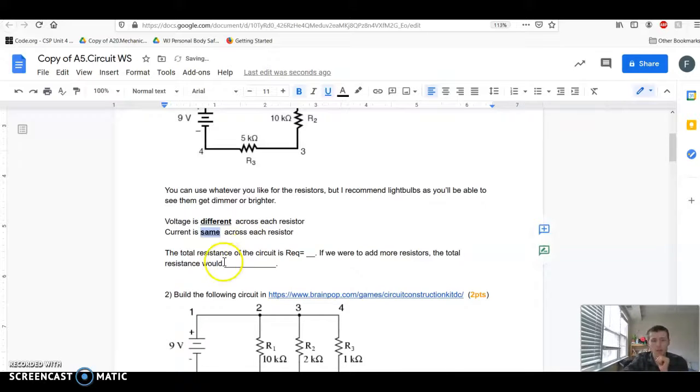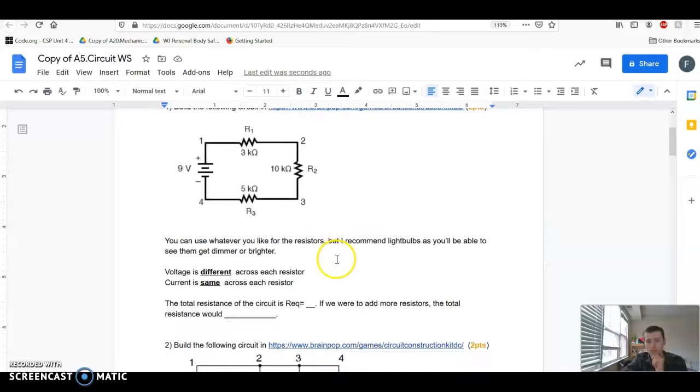Okay, what about total resistance? So total resistance is an interesting concept that's going to be helpful later as we talk about combining different kinds of circuits. If we wanted to find the total resistance of everything in this series circuit, you may have guessed, we're going to add up all the components together.